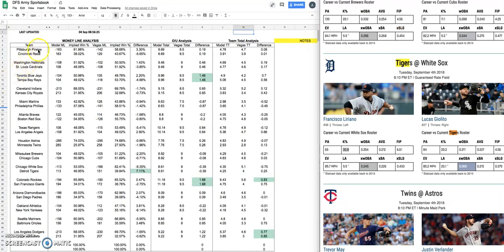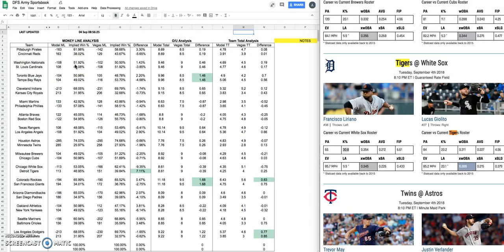So let's take a quick example of how we can read the model before we get into some details. We'll take a game where there are no real red flags from the model: the Nationals and the Cardinals. The model is expecting the Nationals to win.